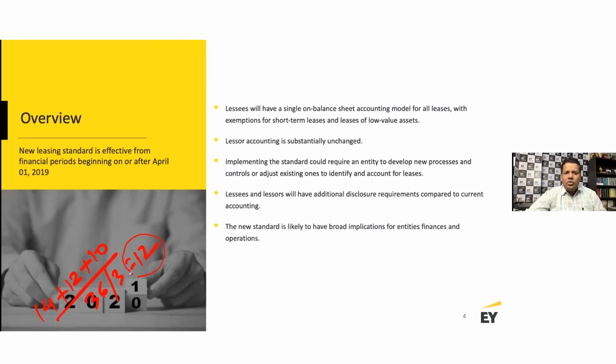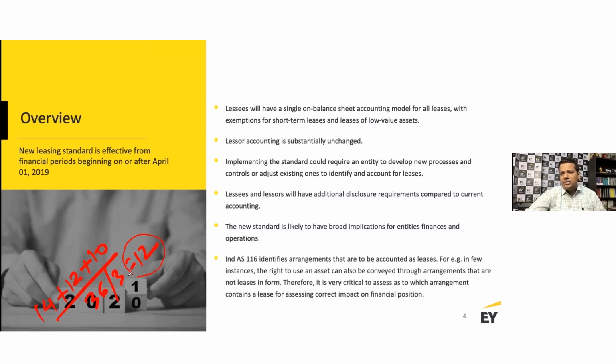The new standard is also likely to have broad implications for entities' finances and operations, because suddenly you have an asset and a liability as part of your balance sheet, and the debt has gone up, and an asset is recorded in the form of an intangible asset, and we will talk about that.